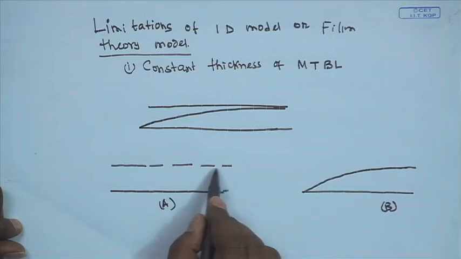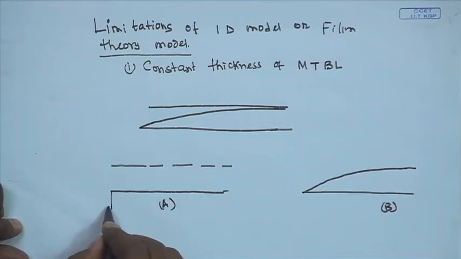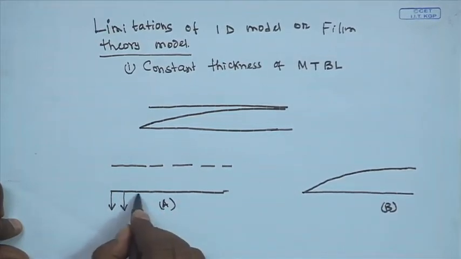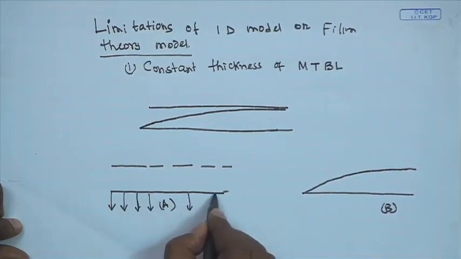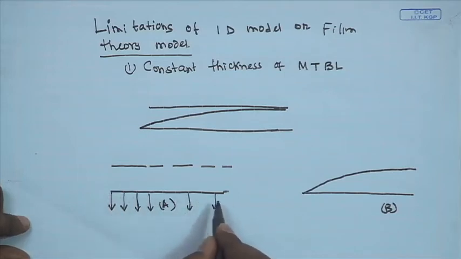If the thickness is less, then we get a higher permeate flux, or solvent flux across the membrane. So, in case of constant thickness of the mass transfer boundary layer, we get the same permeate flux through the membrane as you go along the length of the module.